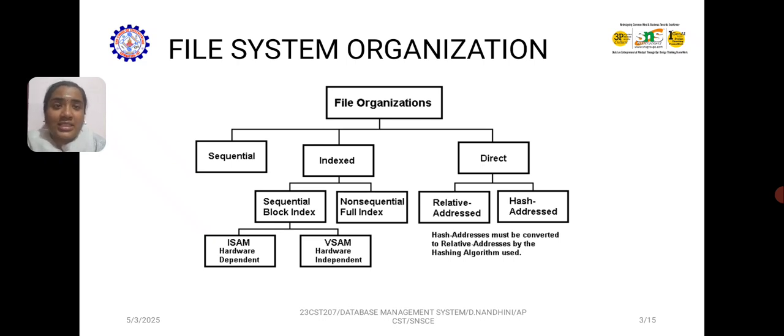Then sequential block indexing is divided into ISAM hardware dependent and VSAM hardware dependent. Direct file organization is divided into relative addressing and hashing addressing. Hashing addressing must be converted to a relative address so that we can easily access it.